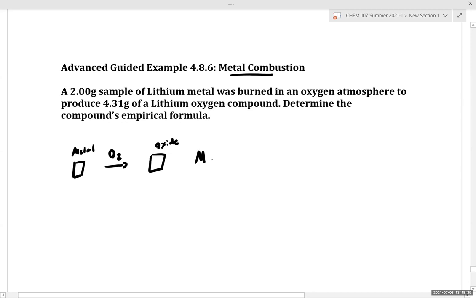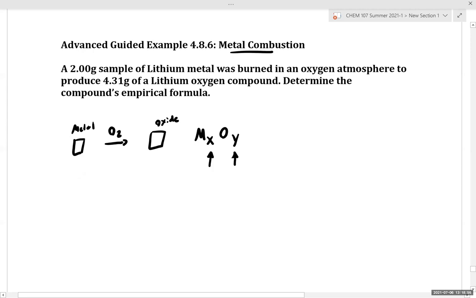This oxide can be thought of as having a formula of MxOy, so it has a certain number of metal atoms and a certain number of oxygen atoms as part of the formula.